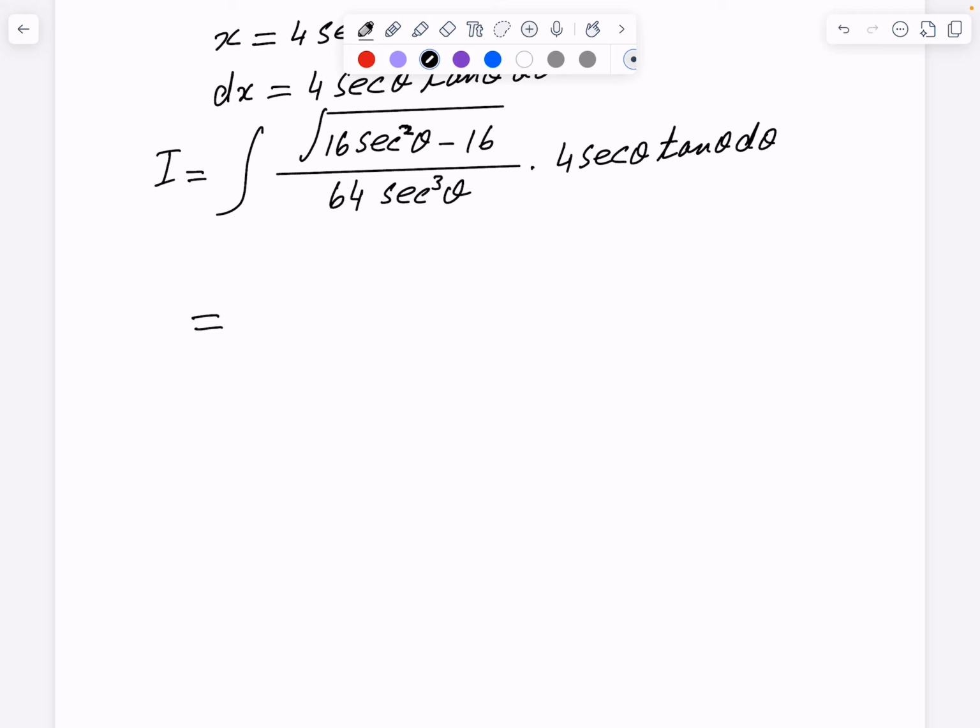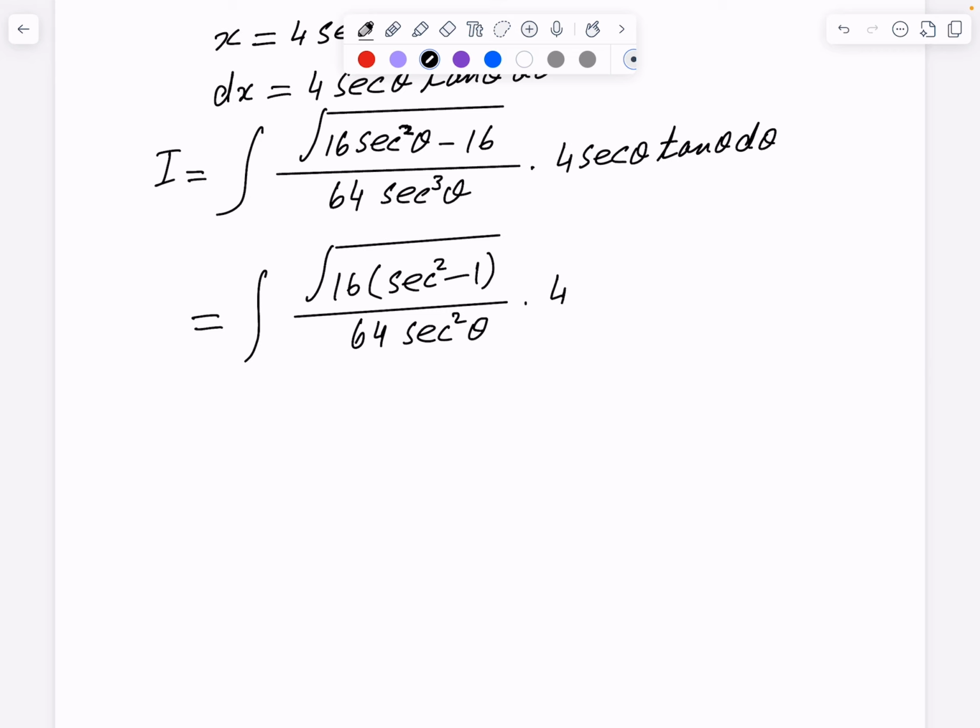So 16 is a common factor, and then we're going to have secant squared minus 1, the whole thing under the square root, divided by 64 secant squared, and there's going to be 4. The secant is gone with the cube, and then we have tan theta d theta.